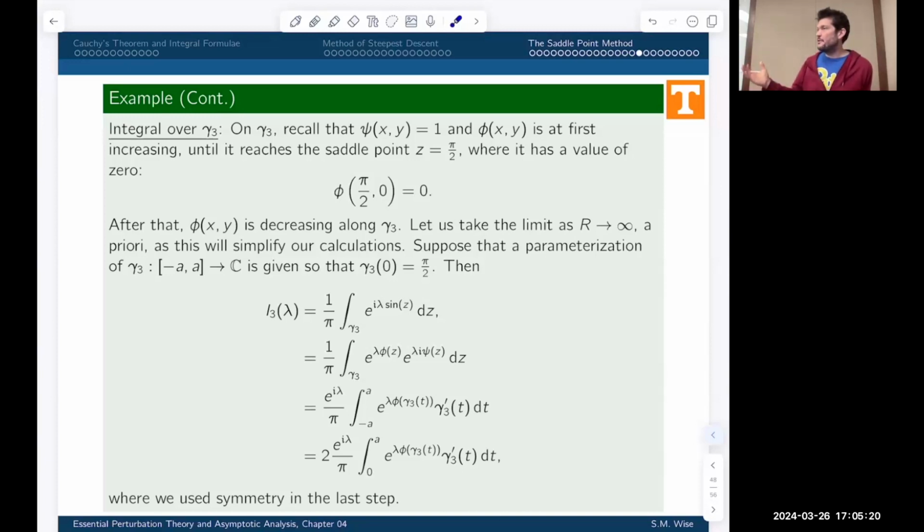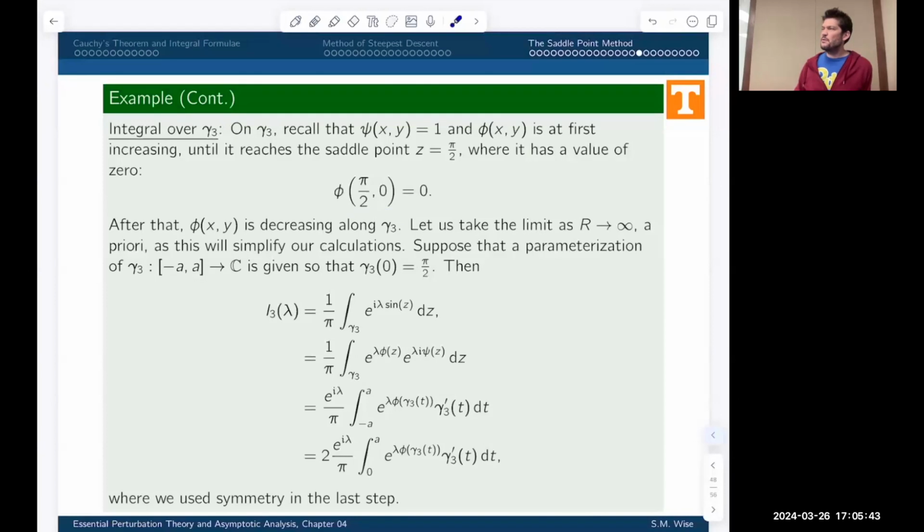I may have failed to say that, but the gamma 5 contour is a psi equals 0 contour. Gamma 3 contour is a psi equals 1 contour. And it satisfies all the nice properties that we want. Phi along gamma 3 as we traverse it is at first increasing. Then we go over the saddle point. It has a value 0 at the saddle point.